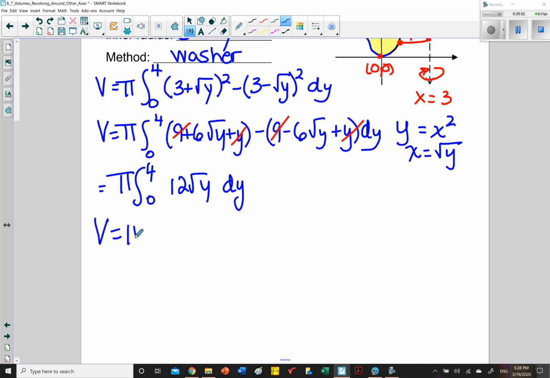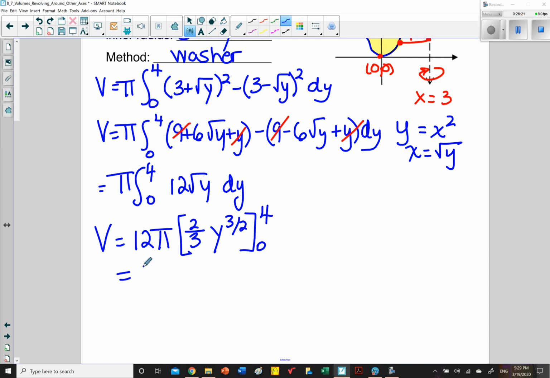That gives us, let's take the 12 out too. Too much work. Okay, do-overs. The volume is 12 pi, and then y to the 1/2 power is 2/3 y to the 3/2 over our interval from 0 to 4.